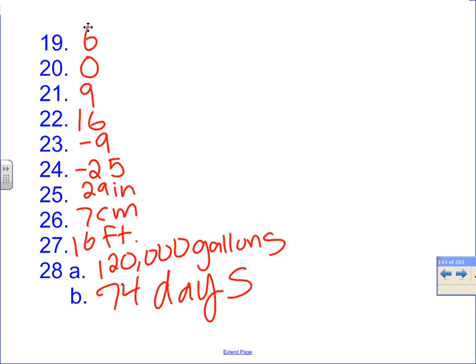On number 20, and I also had number 16. That's fine. Another way of writing it. Because, okay, so you ended up with -n equals 0. We're going to talk about today how to get rid of the negative.